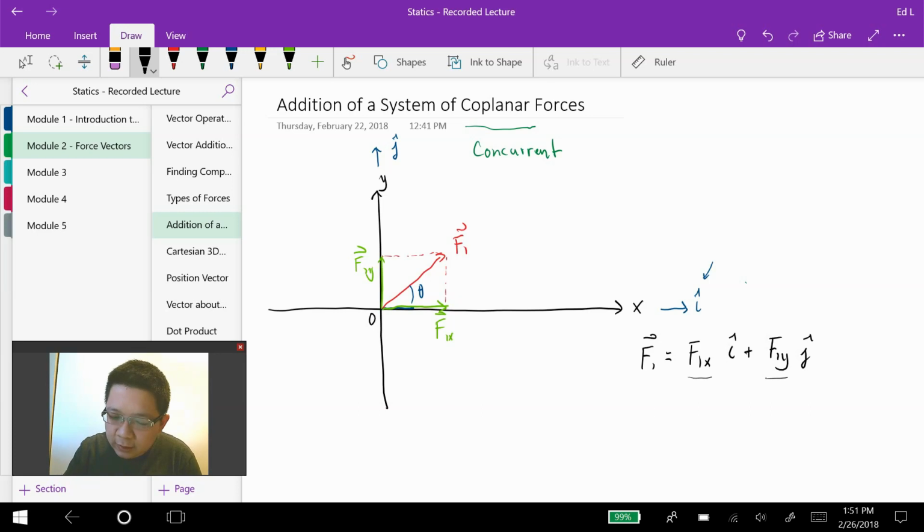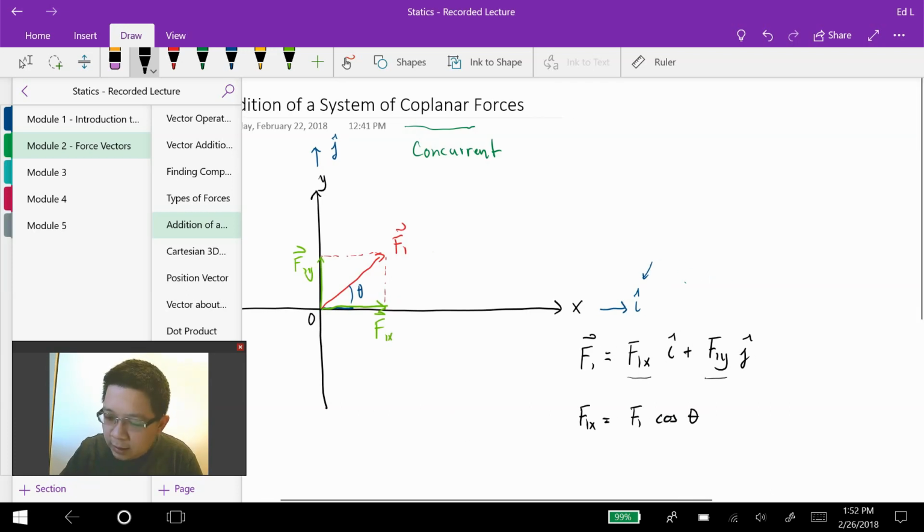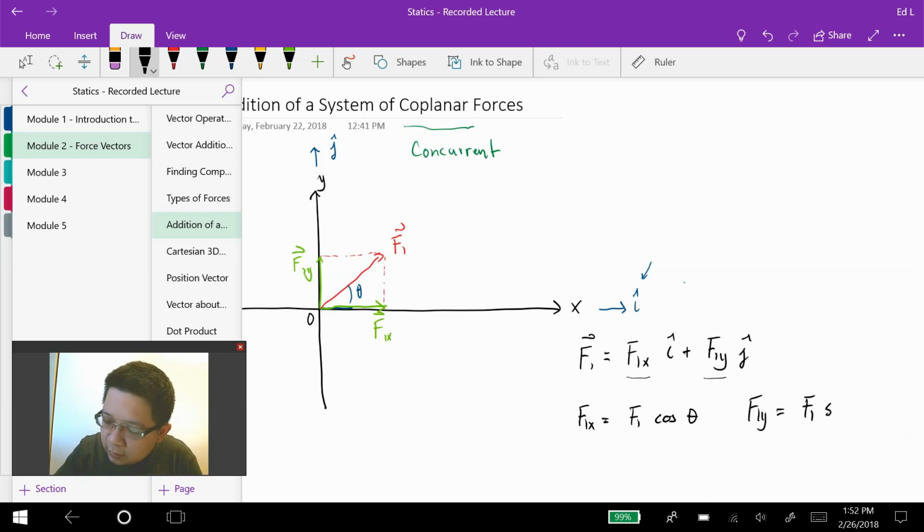We can obtain F1x by taking F1 cosine theta, and then F1y can be calculated as F1 sine theta.